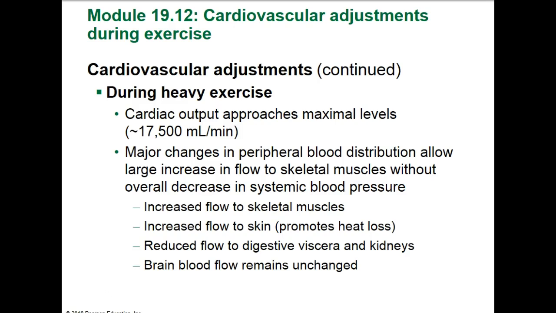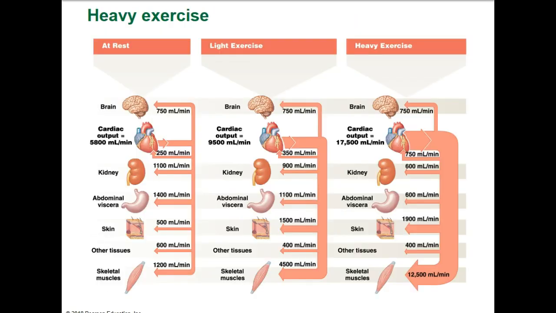You have reduced flow to the digestive viscera and kidneys, because you don't need to be digesting things while you're, say, running or swimming. You want all your energy to go to the organs that are necessary to be operating. Your brain blood flow remains unchanged for the most part. So this shows the decreases and increases that happen.